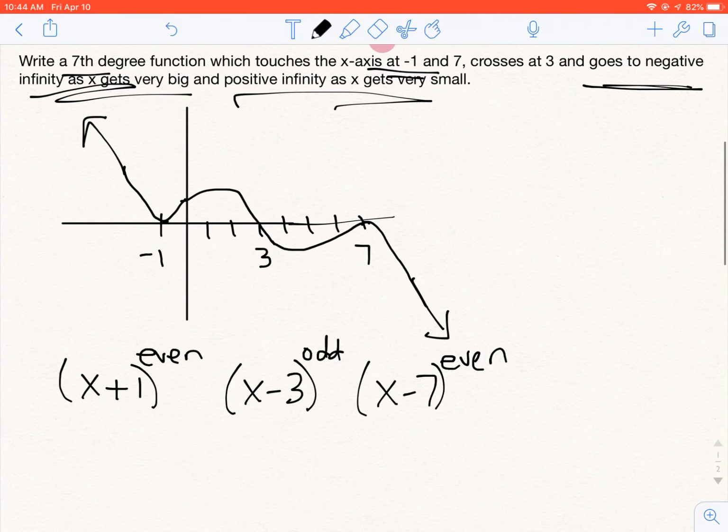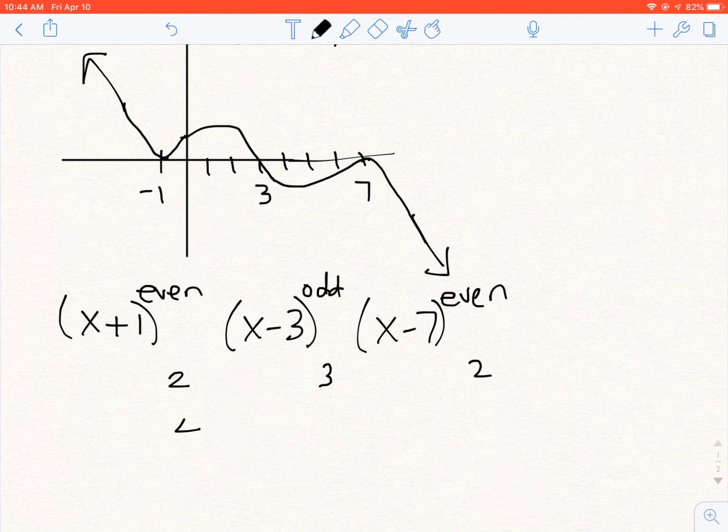And those numbers have to add up to 7. So what can I do? I can do 2. I can do 2. That makes 4. And so the odd can be 3. So I could do that. I could do 4 and 2 and 1. I can do that. There's lots of different choices. Just odds and evens, it doesn't matter.